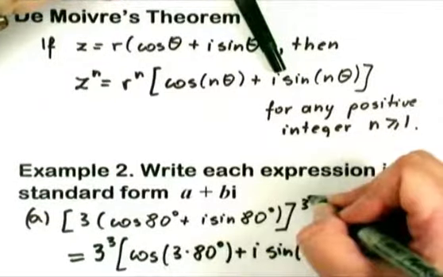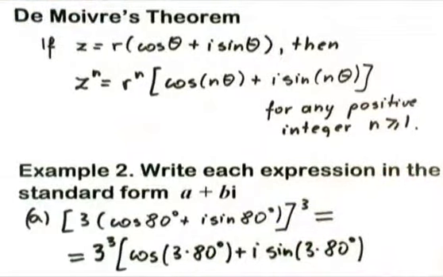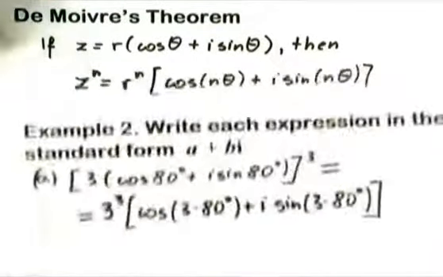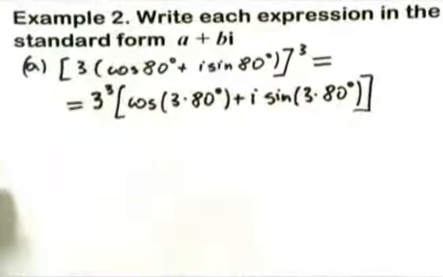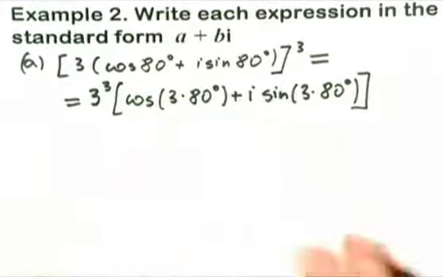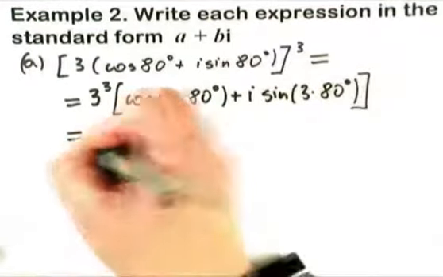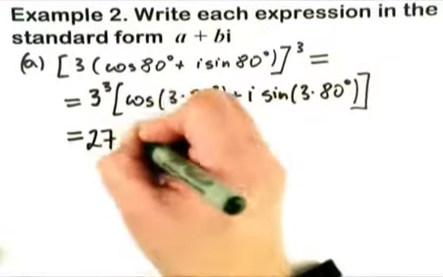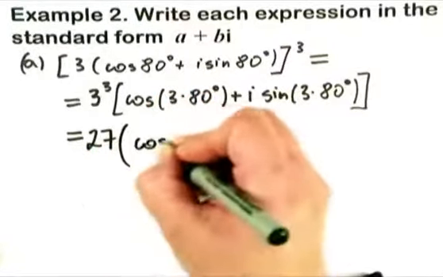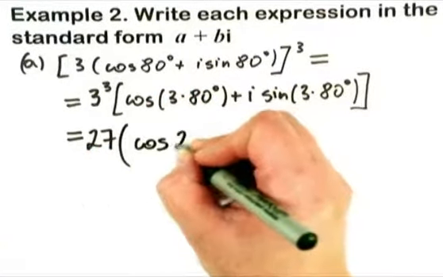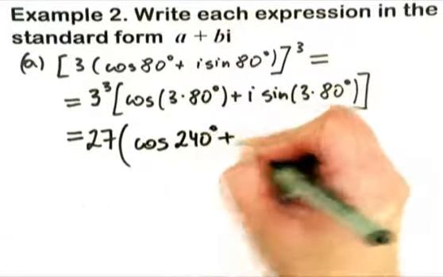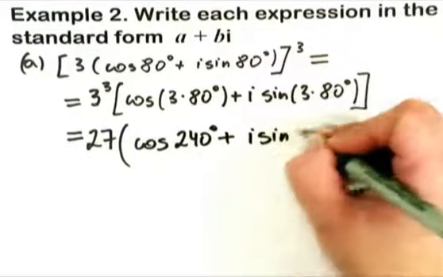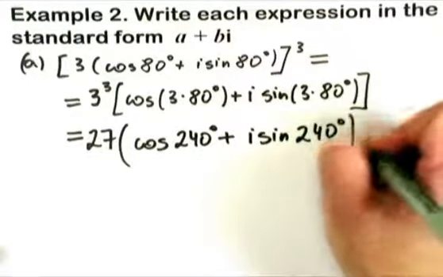This is my n. Okay, now we need to work this out until we get to the number. 3 to the power 3 is 3 times 3 times 3, which is 27, times cos 3 times 80 is 240 degrees, plus i sine 240 degrees.